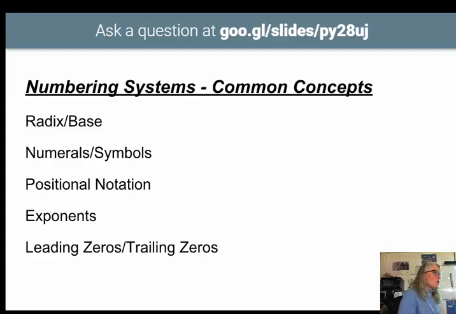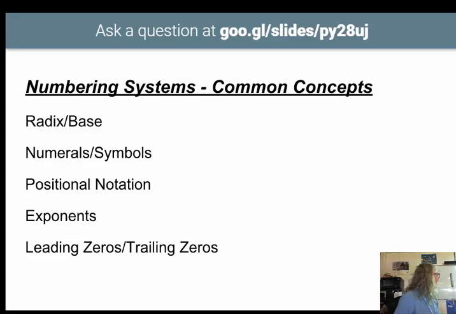We don't say 0, 0, 0, 0, 0, 0, 0, 10. We just say 10, right? But if the 0 is to the right of any other numerals before the decimal point, we do pay attention to those trailing zeros. They make a huge difference in the number. We have to pay attention to trailing zeros. Everybody understand that? These are common concepts, not just in decimal.